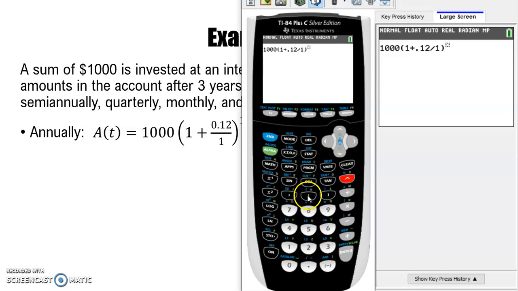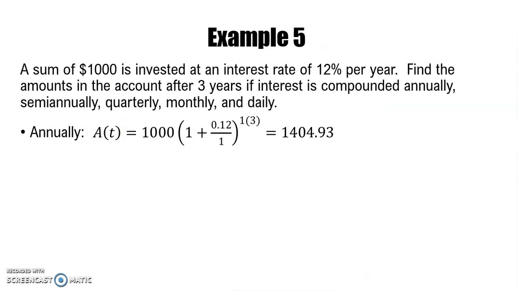If you didn't get this exponent up here and you had it down here with just the up arrow, that means you need parentheses, 3 times 1. If it does go to the exponent, you don't necessarily need to put those parentheses. And there is my answer, 1,404.93, which is what I had here.